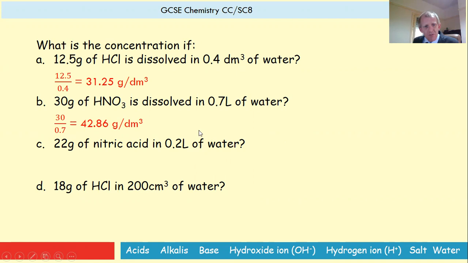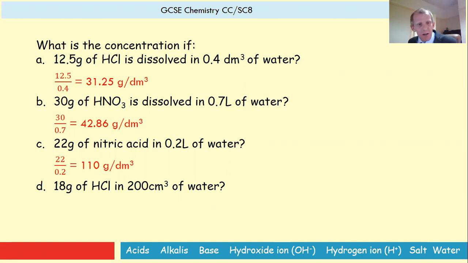So we don't have to play around with this number at all. And we can just input the value straight into our equation. And that will give us our concentration of nitric acid as 22 divided by 0.2 equals 110 grams per decimeter cubed. So well done if you got those ones right, guys.